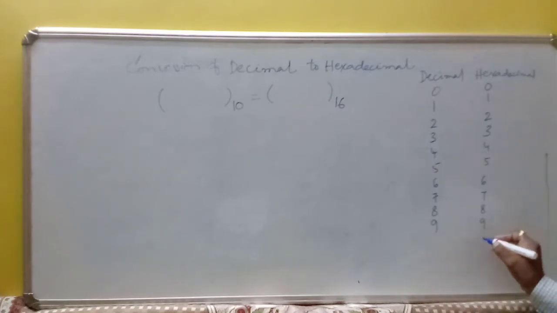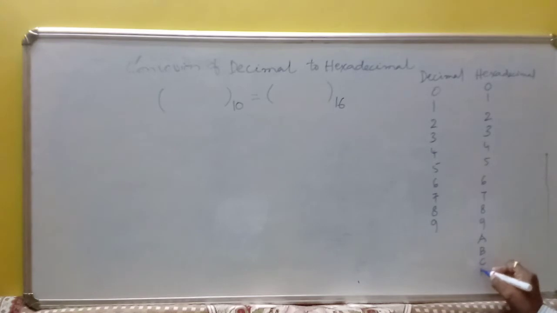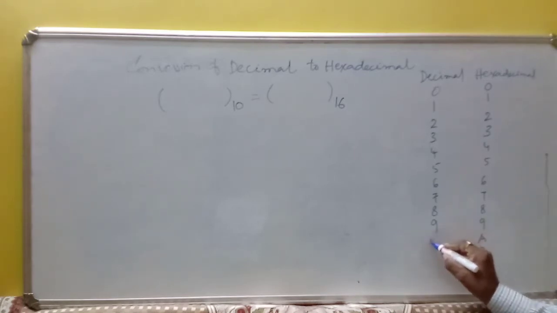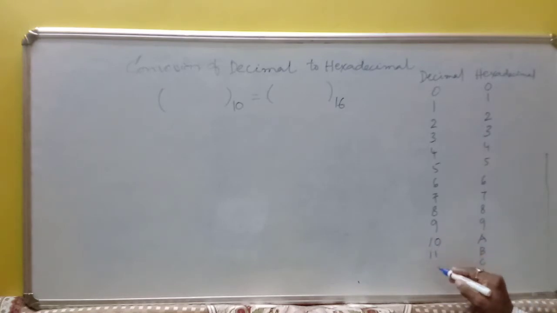From 9 onwards, A, B, C, D, E, F. A is equivalent to 10, B is 11, C 12, D 13, E 14 and F 15.